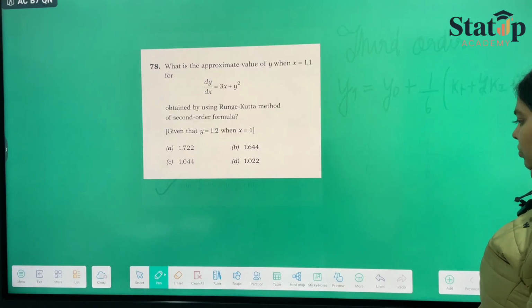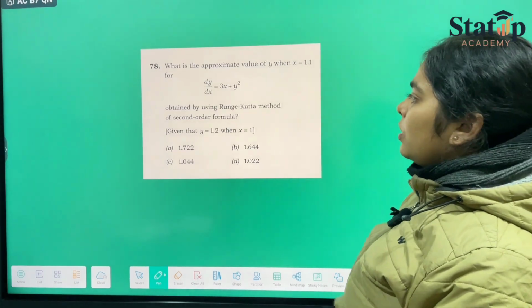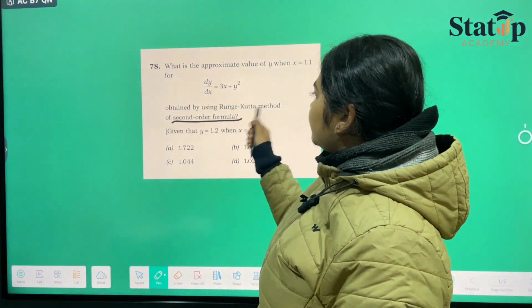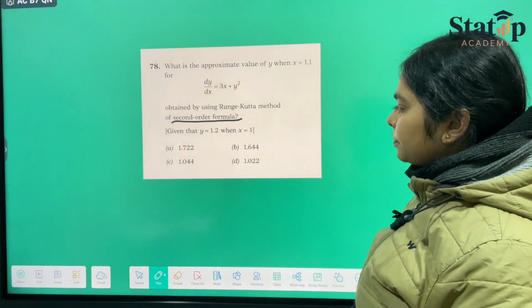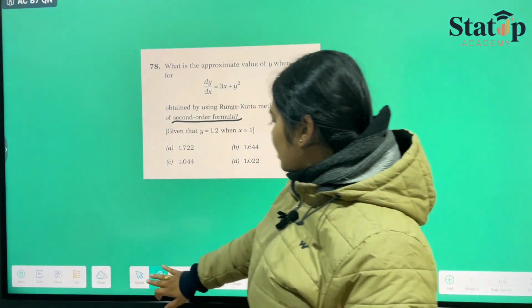Now moving forward to the question where we have to solve by using the Runge-Kutta method for second order formula. Okay, so let us keep this aside.